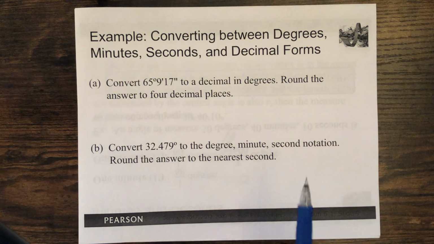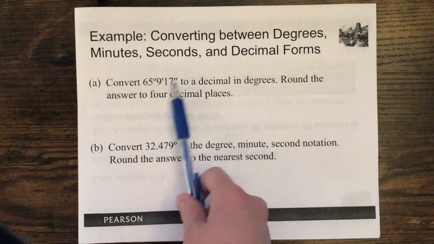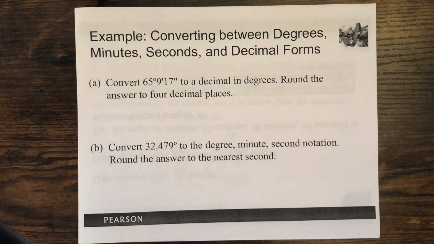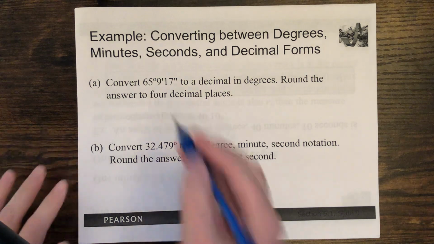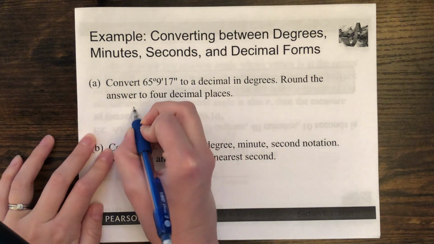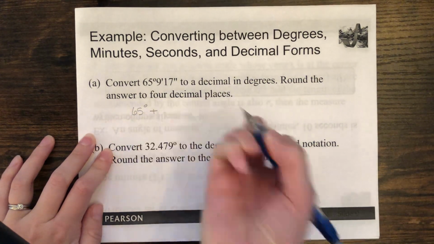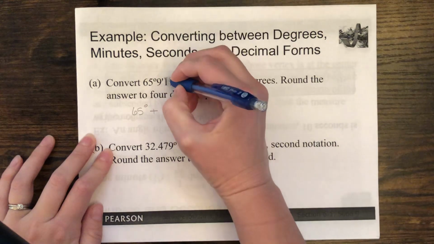All right, so we are going to start by converting something given to us in degrees, minutes, and seconds into a decimal. Again, this is really just more of a conversion thing. The 65 degrees is going to stay the 65 degrees. I'm not concerned about that. So I still have my 65 degrees. And what I'm adding to that is this 9 minutes.